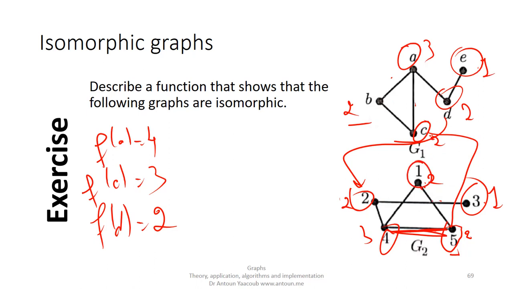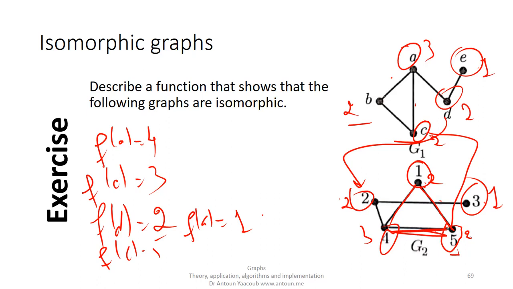If I pick 1 here, it will work. So yes, f of C equal to 5 and f of B is equal to 1. If I do the opposite way, it will work also, I think. So as you can see, yes, I have found a bijection that preserves the adjacency between the vertices.